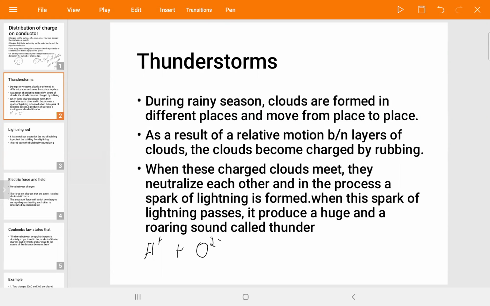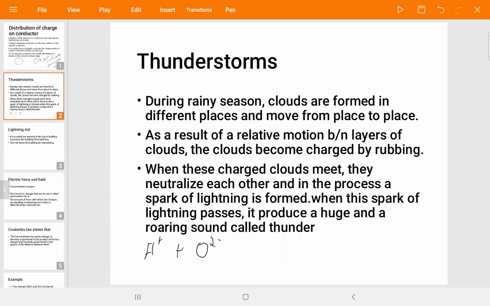A layer that contains many hydrogen ions will be slightly positive, and the other layer, which contains a high amount of oxygen ions, will be slightly negative. Therefore, there will be two layers with separate charges: one slightly positive, and the other slightly negatively charged.